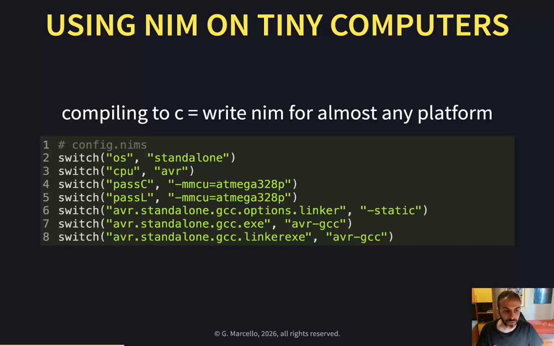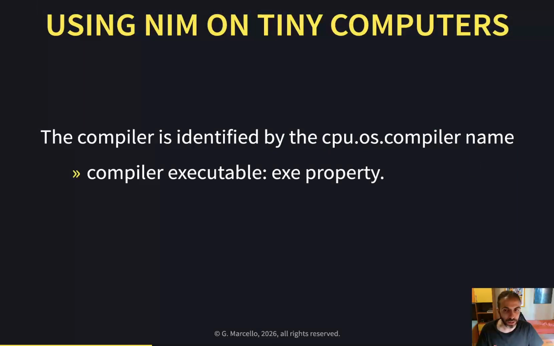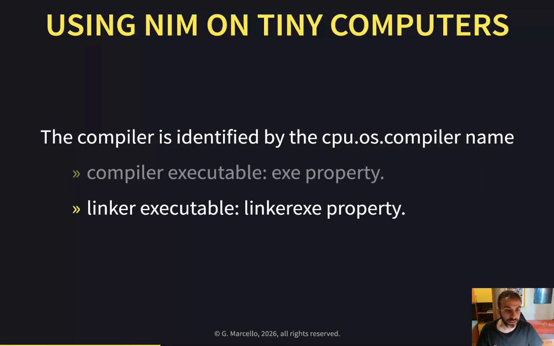And then you use exe for the compiler and exe for the linker. And in this way, you just inform the Nim compiler about your platform, essentially, because the type information about the widths and whatnot, pointer lengths, will be automatically included in the CPU flag, and everything else gets included by these ones.